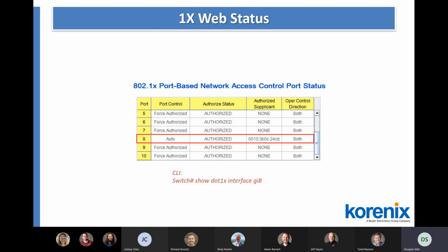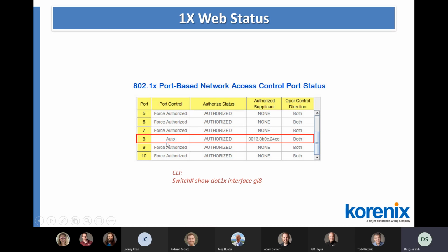And we can use a website to check the status. For this example, if you choose force authorized, that means the port is already accepted for all clients. So it will not show any information on this page.